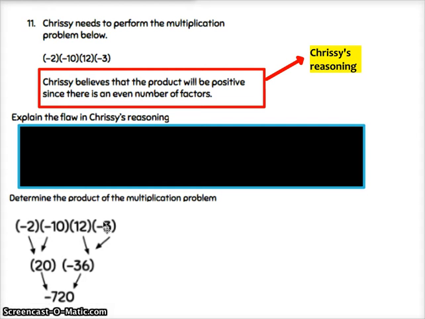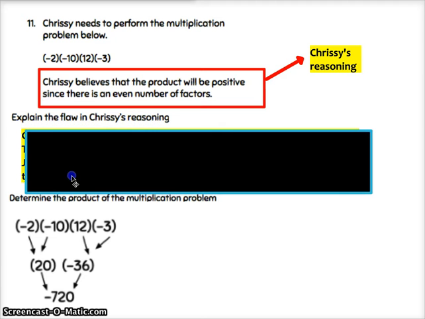In fact, it doesn't have anything to do with the number of factors. It has to do with the number of negatives. If there are 3 negatives, you're going to have a negative times a positive, which equals a negative. So when you do your final multiplication, a positive times a negative equals a negative. So it doesn't matter the number of factors, it matters the number of negatives.